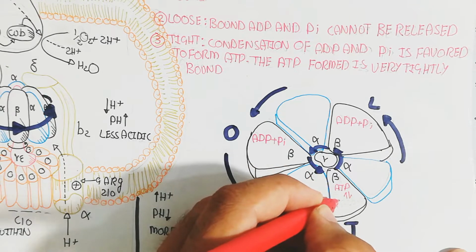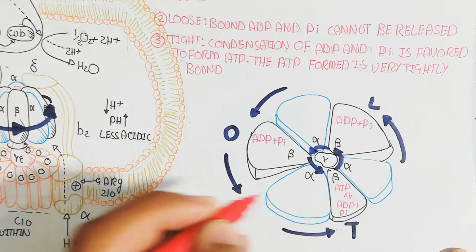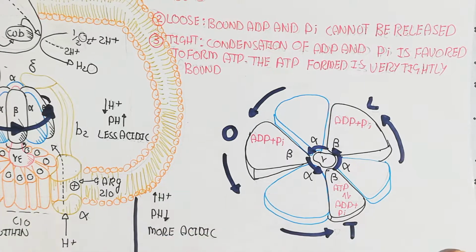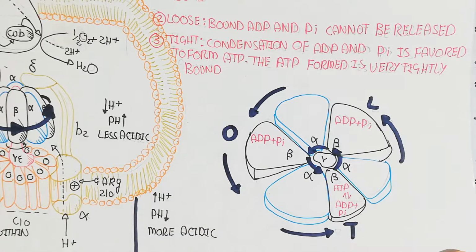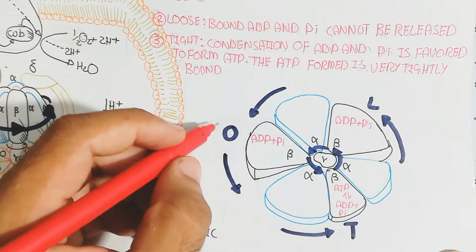Here is a beta subunit, the T site, the tight formation, which will form the ATP. This ATP will not be released until it goes into the open site. When it is open, it releases this ATP to add more ADP.